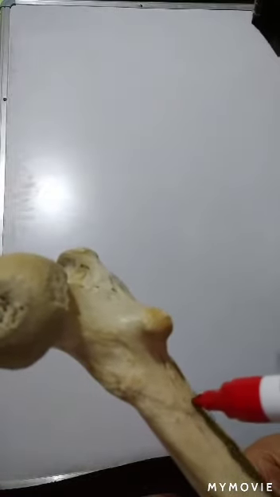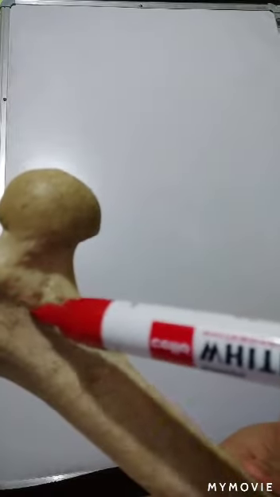The intertrochanteric line marks the junction of the neck and the shaft anteriorly. It continues downwards below the lesser trochanter and on the posterior aspect of the femur as the spiral line.